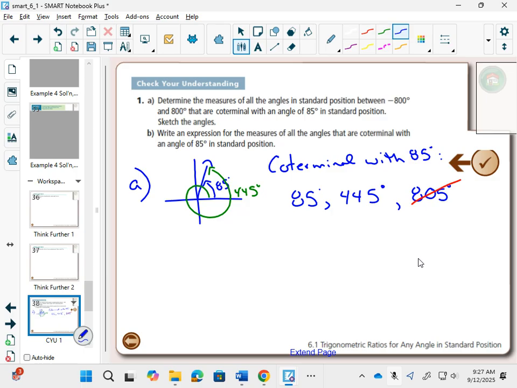Next, negative. Can we go negative? Yes. Okay. If I subtracted 360, I would get negative 275 degrees. I'll draw that one in red.